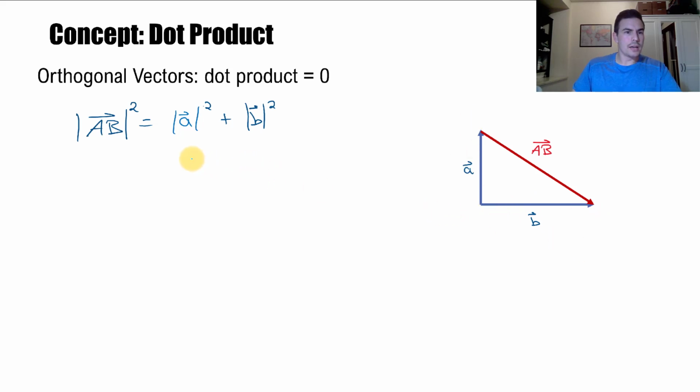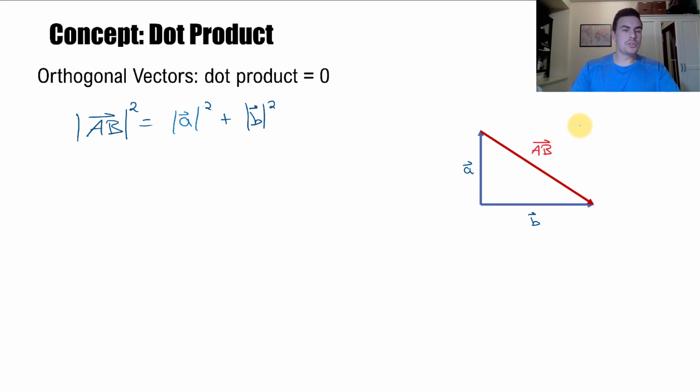But yeah, we've got the magnitude of AB, and that's equal to the magnitude of A squared plus magnitude of B squared. So this sum right here is the magnitude of AB squared. And we can see that just based off of our Pythagorean theorem. We've got a right triangle here, so one leg squared plus the other leg squared is going to be our hypotenuse squared, which is vector AB.